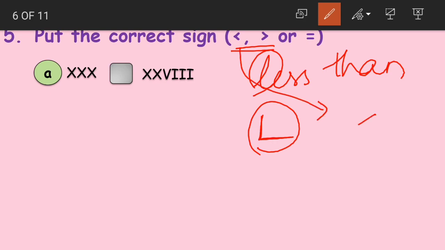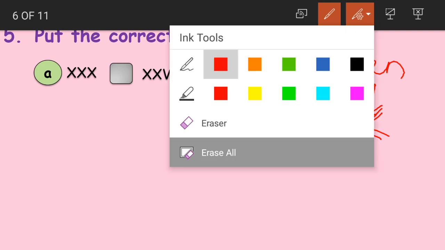Yes, this symbol looks like L. So this symbol stands for less than, and obviously the other symbol becomes the greater than symbol. Understood, children? L for less than.